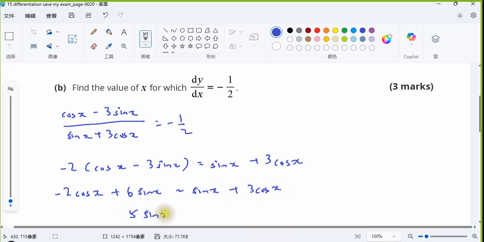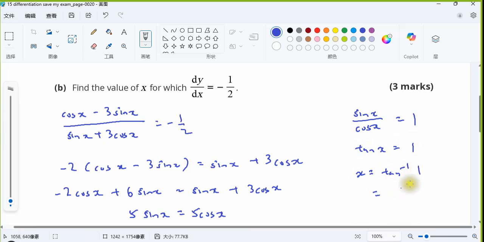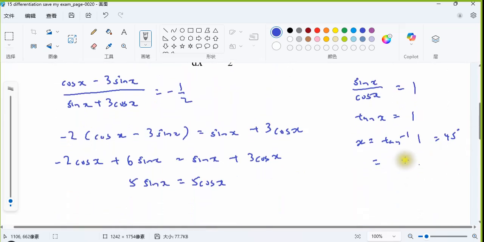So 5 sine x equal to 5 cos x. So we have the sine x over cos x equal to 1. Then we have the tangent x equal to 1. x will be the arctangent of 1. Then it's 45 degree or it is pi over 4 radian. Okay.